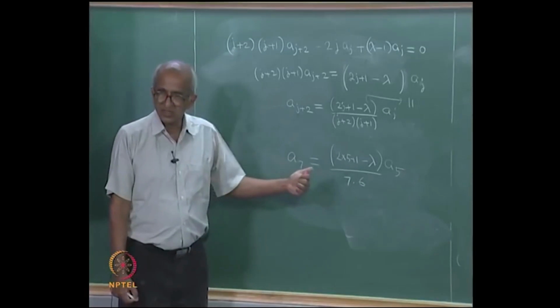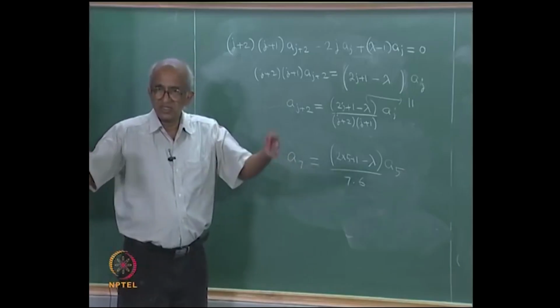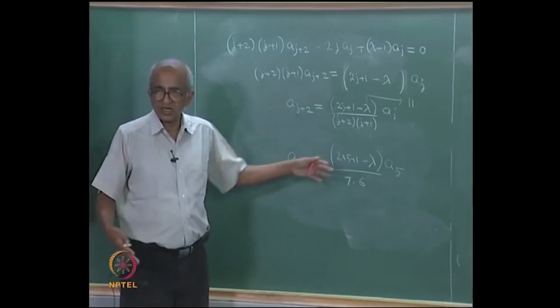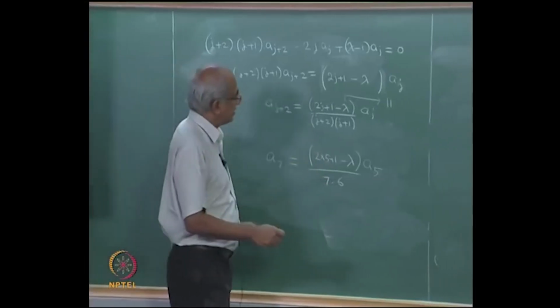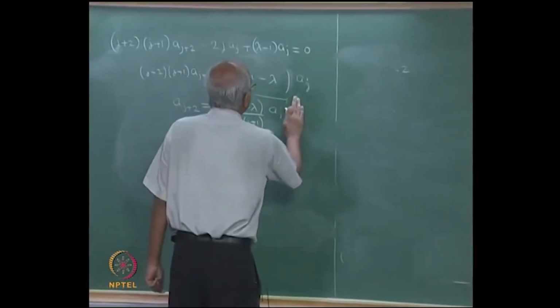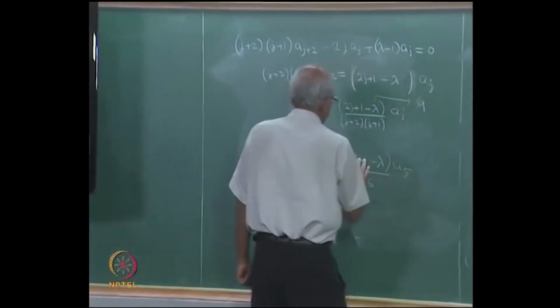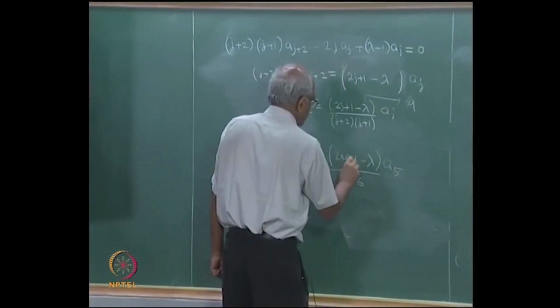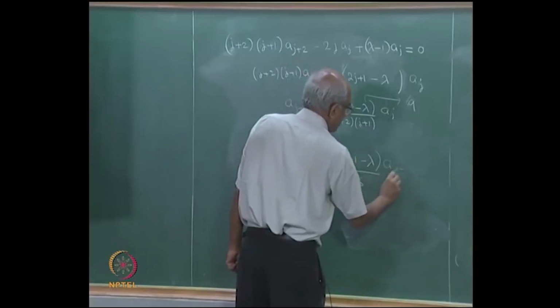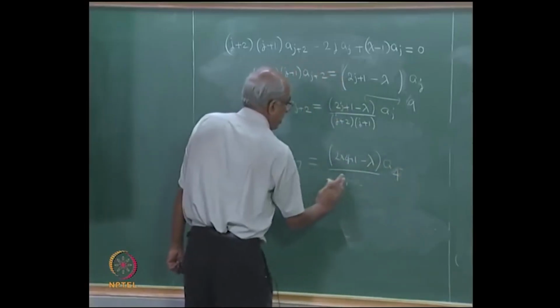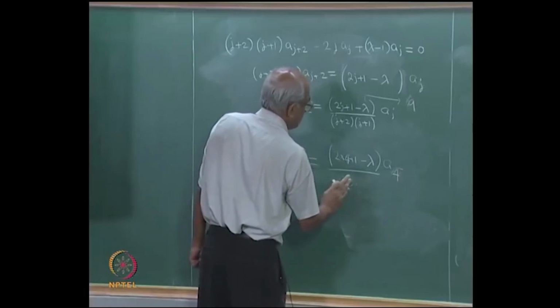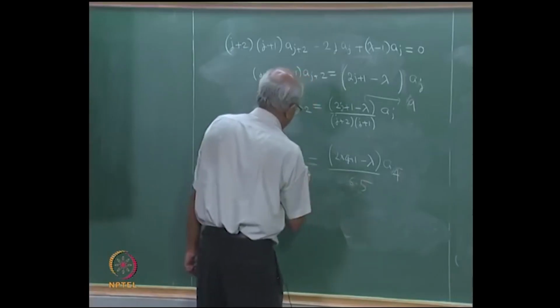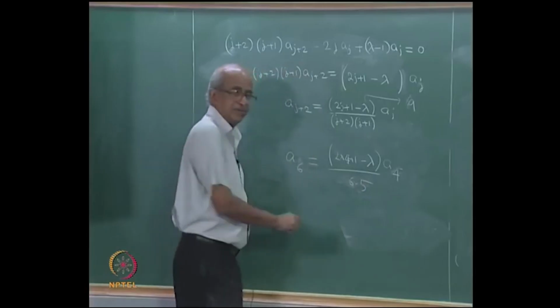I was actually saying that I am concerned with the even series, and now suddenly I switched over to the odd series. It is better that I say lambda is equal to 9. Then I will have 2 into 4 here, and I am thinking of A4, and 6 into 5, and this will be A6.